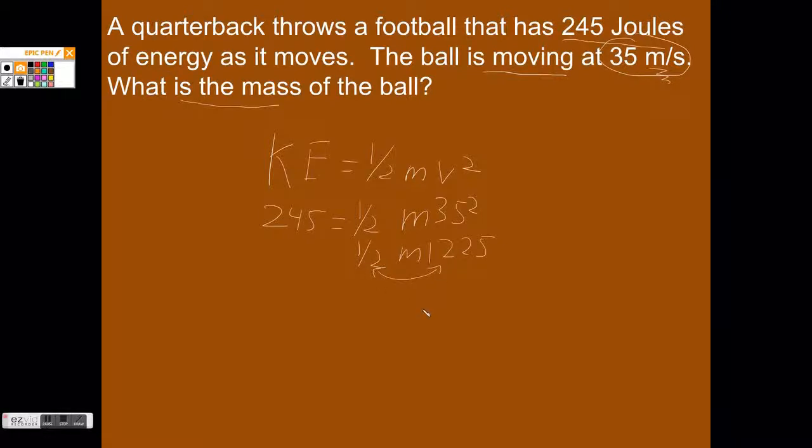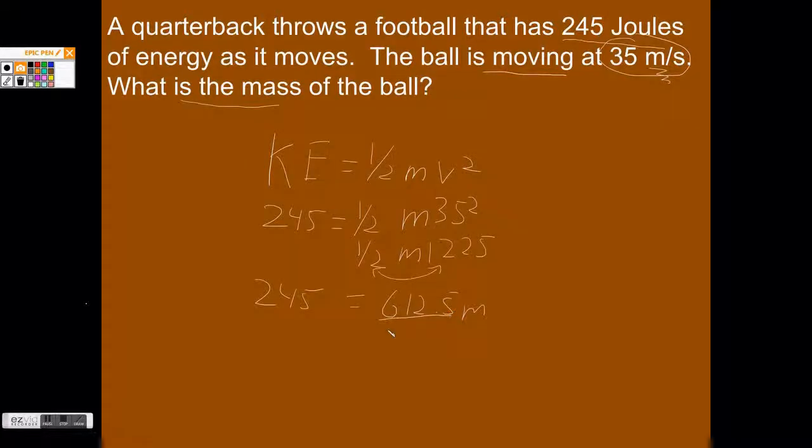And now multiply the 1/2 by 1225 to give us 612.5 m equals 245. So to simplify further, let's divide both sides by 612.5 to isolate our variable. So the 612.5s cancel out, giving us m by itself, and 245 divided by 612.5 equals 0.4 kilograms, which is our mass.